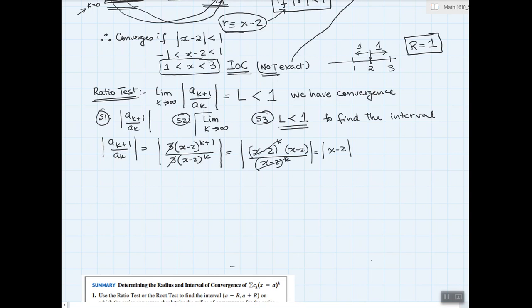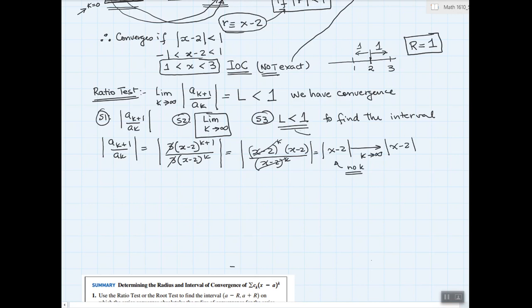Now the next step is to take limit k going to infinity. When I take k going to infinity, notice that there is no k here. So when you take k to infinity, you are just going to have the same thing, absolute value of x minus 2.